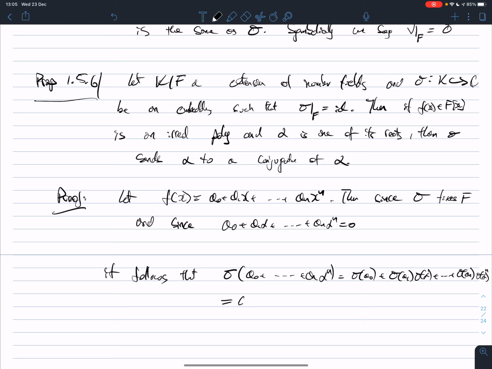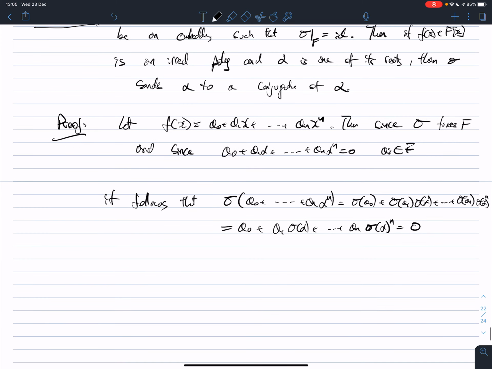Because sigma fixes the elements ai in F, this is a0 plus a1 sigma of alpha plus ... plus an sigma of alpha to the n. But this is equal to 0. Therefore, sigma of alpha and alpha satisfy the same polynomial.